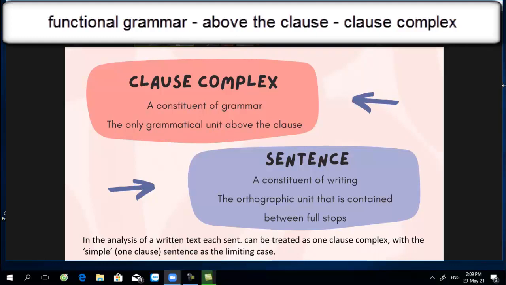The sentence. And in the analysis of written text, each sentence can be treated as one clause complex, with the simple sentence or the one clause sentence as the limiting case. So we only pay attention to the clause complex that has more than one clause here.